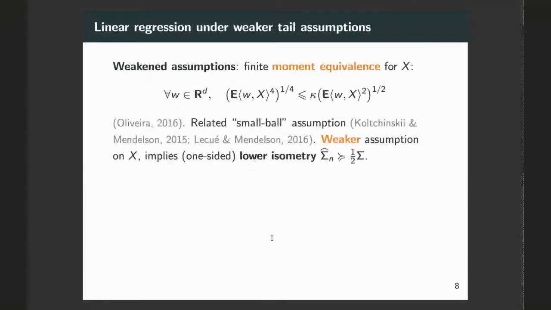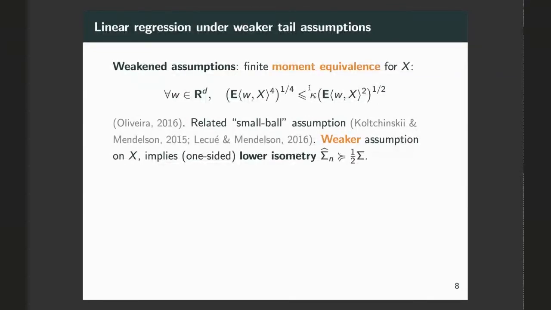Now there is a more recent line of work about analyzing least squares under weaker assumptions. Here I no longer make the strong boundedness assumptions, and instead I relax them by weaker assumptions, only finite moment assumptions. This takes the form that I put here.